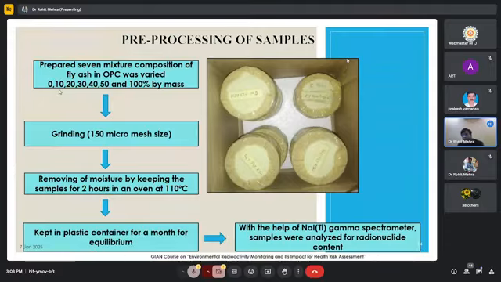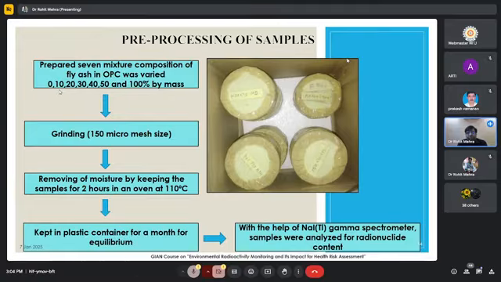Then we used 90% OPC and 10% fly ash, by mass, by weight only. Then another sample of 80% OPC and 20% fly ash. Then another batch was prepared with 30% fly ash and 70% OPC, and again 40% fly ash and 60% OPC, and we went up to 50% also.